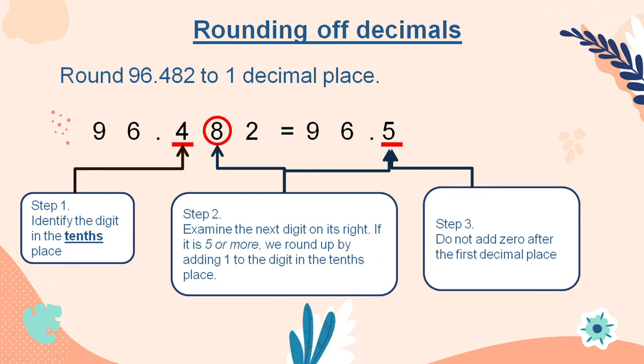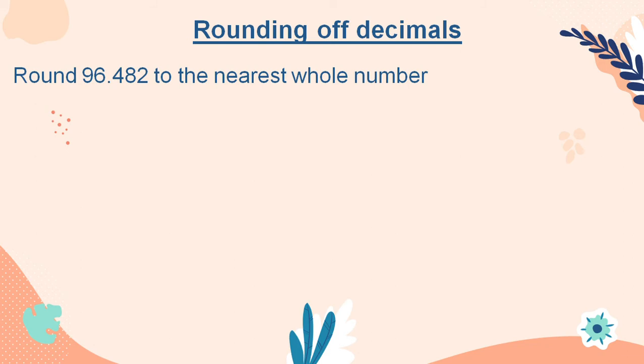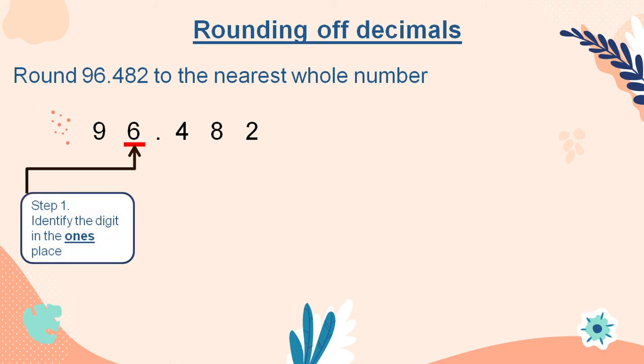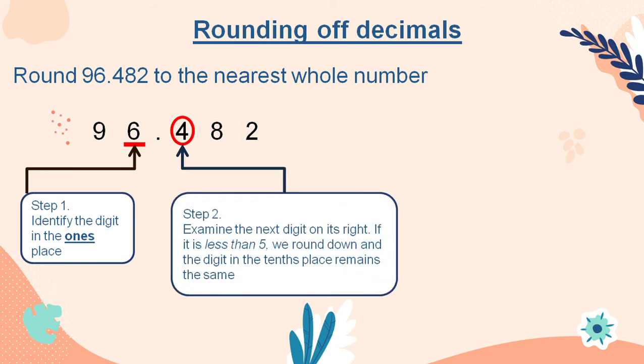Next example, round 96.482 to the nearest whole number. Now, to the nearest whole number. So 96.482. The first step is you need to identify the digit in the ones place. And the next step is if the digit in the 10th place is less than 5, because it is less than 5, you need to round down, and the digit in the ones place remains the same.